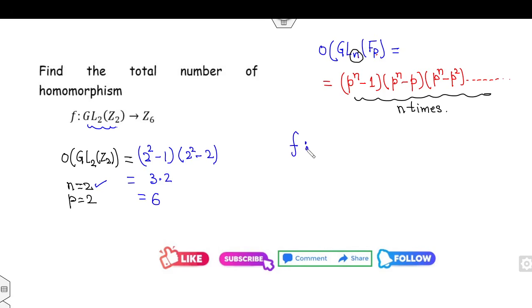Therefore, I can write this as SL of order 6. 6 means 3 factorial. I can write this as S3, and this Z6. Now, once it is S3 and this number is even, what is the answer? The number of group homomorphisms is 2. That is the right answer of this problem.